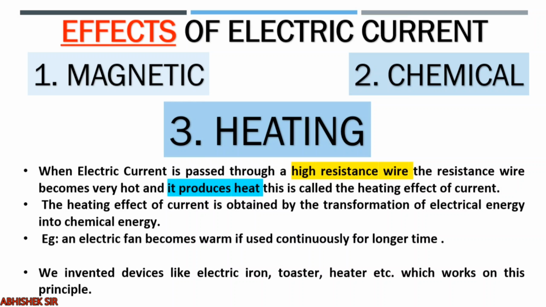We only want a machine to work, but we don't want it to become warm, because warming produces heat which is of no use. So we invented devices like the electric iron, toaster and heater, which work on this principle, and this is a very nice principle so that we can use electricity to produce heat.